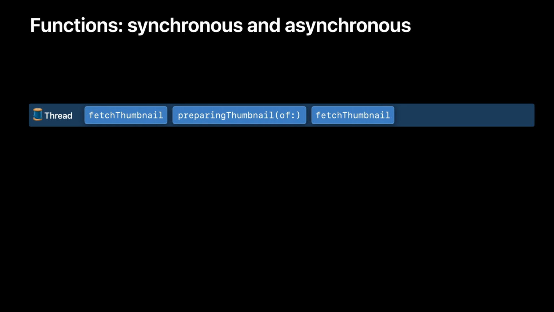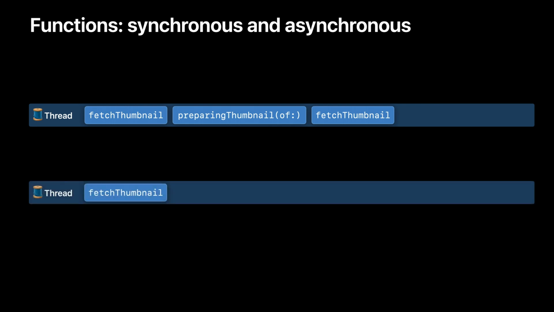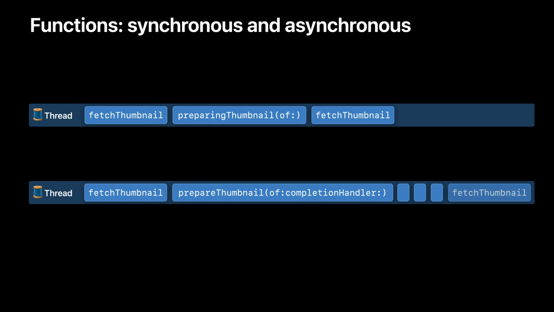So if your fetchThumbnail function calls preparingThumbnail, the synchronous function UIKit provides, until it finishes, your thread can't do anything else. In contrast, if you call prepareThumbnail with completionHandler, the asynchronous version of that function, while it runs, your thread is free to do other work. When it's done, it will notify you by calling its completionHandler.